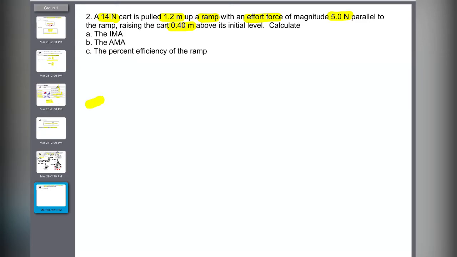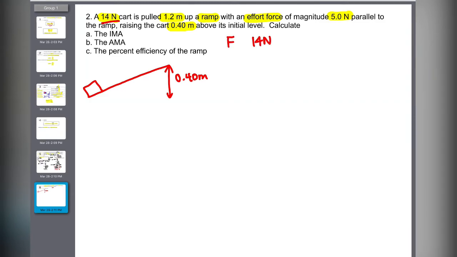I have a ramp. The ramp is 0.4 meters above the initial level. And they tell you that you have this 14 Newton cart. I'm going to write 14 Newton because it's a force.